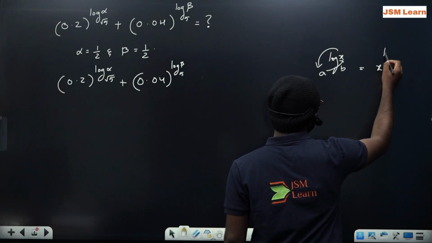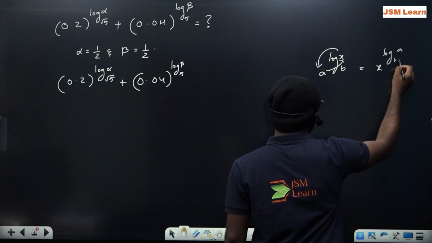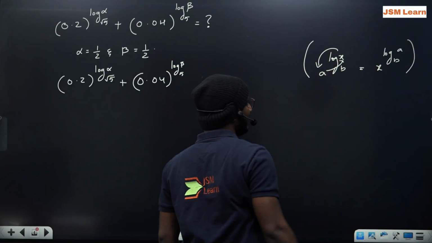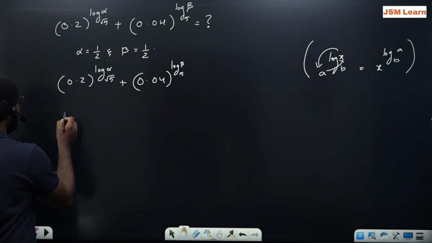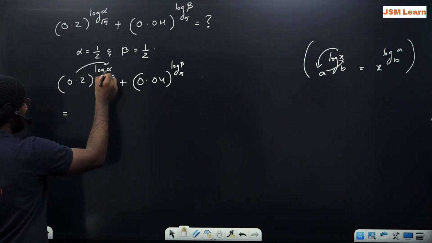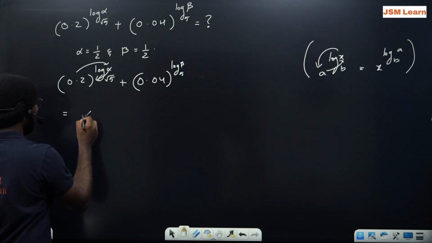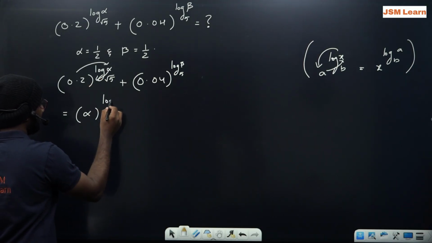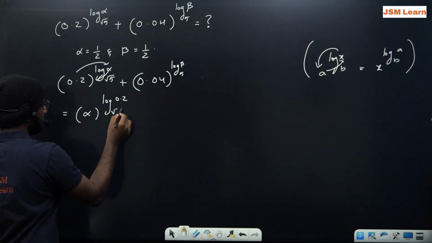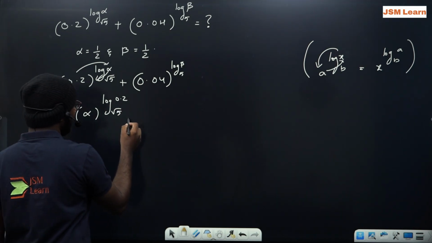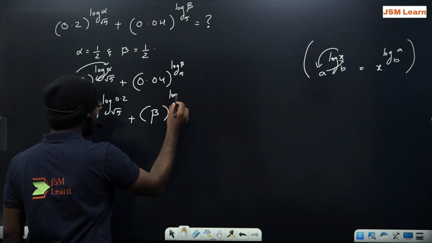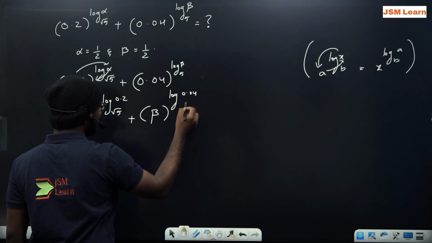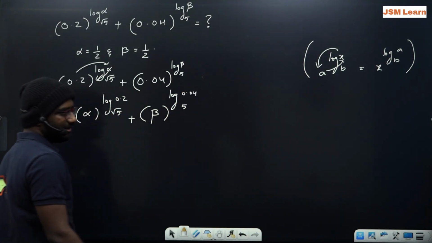Using the same property here, I am interchanging these values: alpha power log 0.2 with the base root 5, and beta power log 0.04 with the base 5.